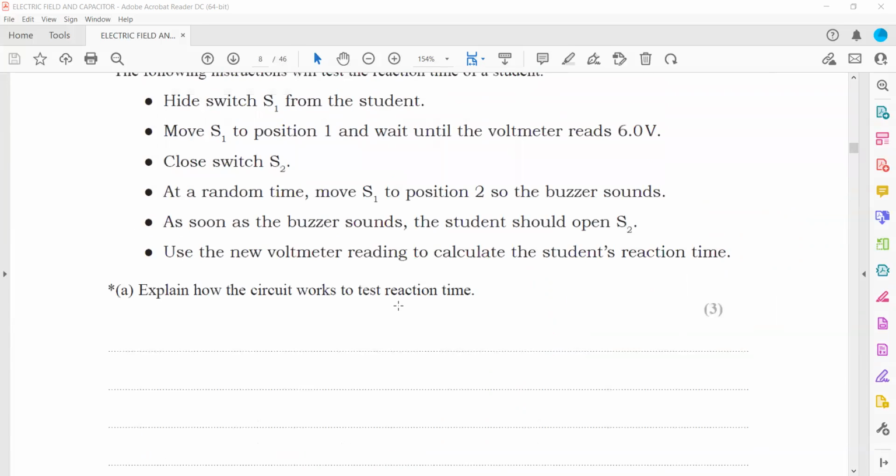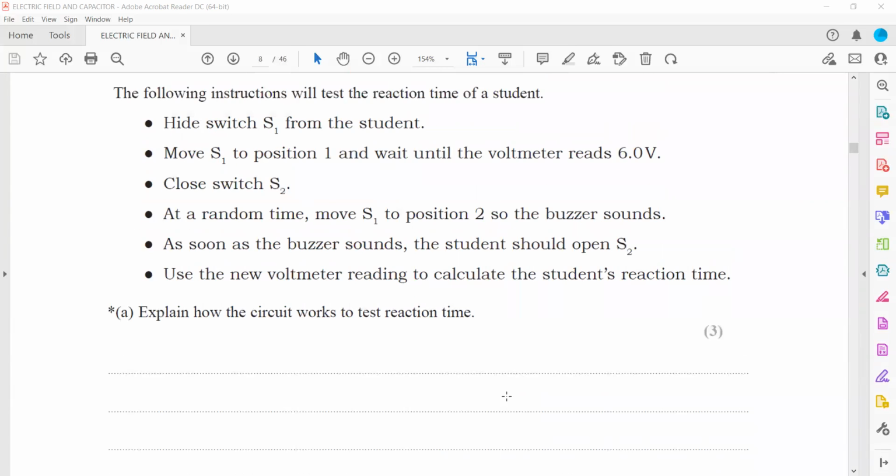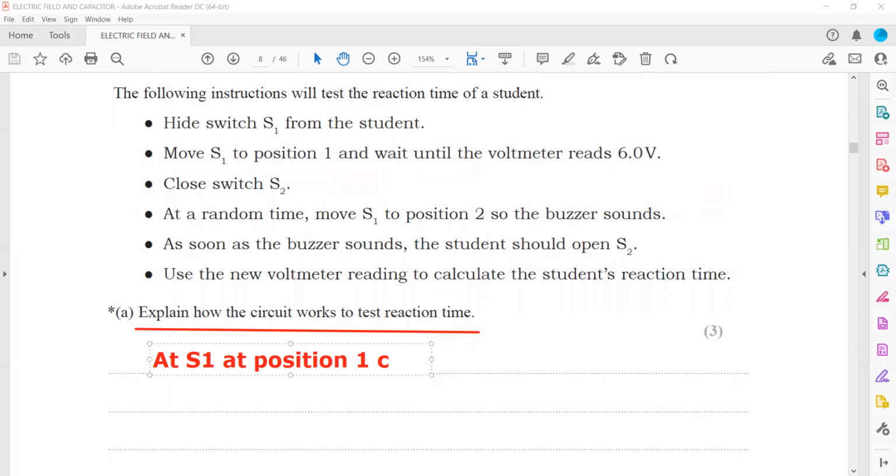Explain how the circuit works to test the reaction time. As I mentioned, first, when switch S1 is moved to position 1, the capacitor charges.